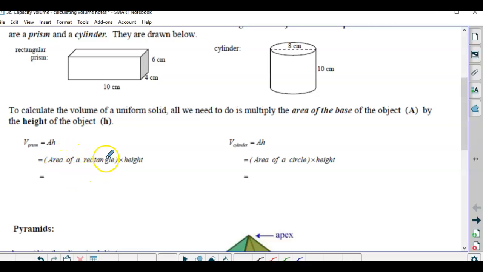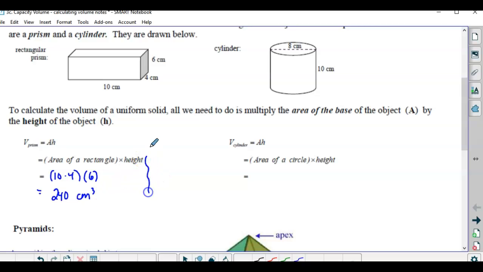So here we're going to take the area of the rectangle and multiply by the height. So the base in this one, we're going to do 10 times 4, and then the height of the prism is 6. So 10 times 4 is 40, times 6 is 240. And this would be centimeters cubed.